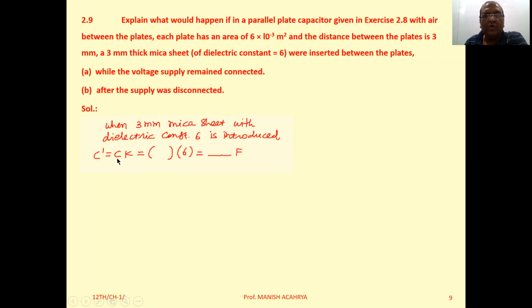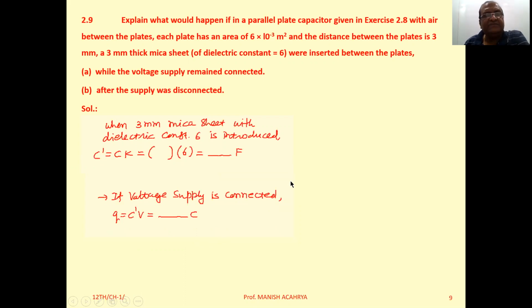So the value of initial capacitance that we calculated in the previous example, we have to substitute here, multiply it by dielectric constant, its value that is 6 given to you, then solve it, you will get the capacitance.